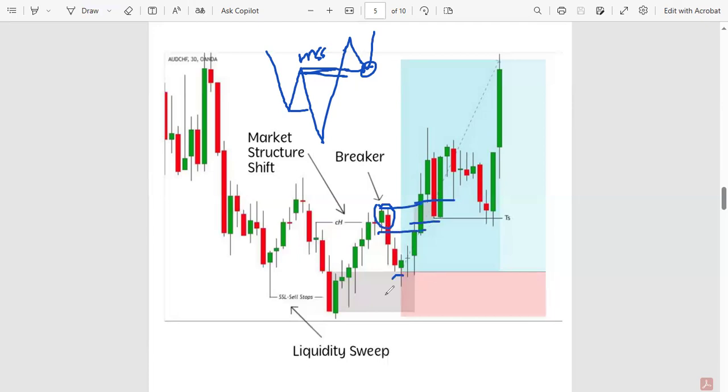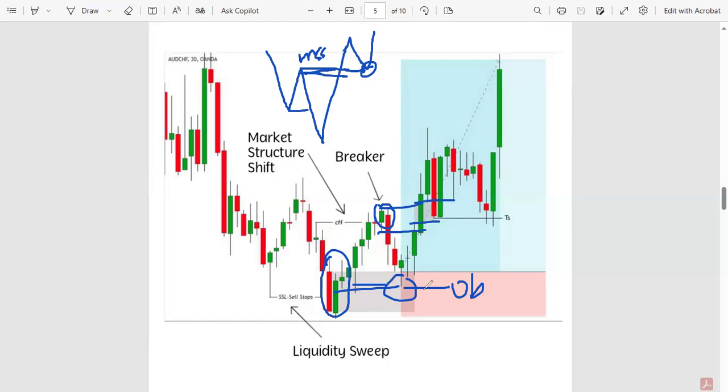So for anyone who missed the entry on this order block down here, I mean this area where we marked this order block, if somebody missed the trade here, they can now enter on this breaker block. A re-entry on this breaker block is going to push price higher. As you can see in the example here, the entry was on this order block.